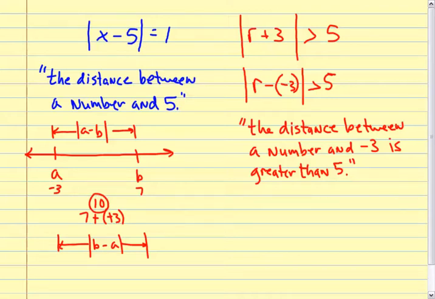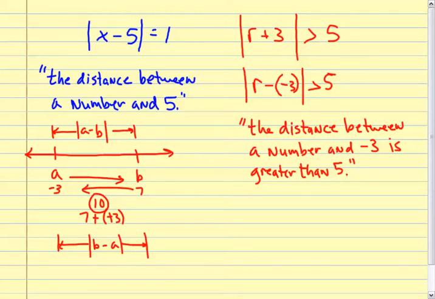It doesn't matter which way I subtract, because I'm taking the absolute value. To find the distance between two numbers, we subtract them, and the order doesn't matter because we take the absolute value.